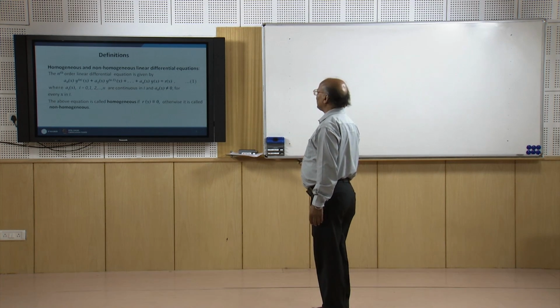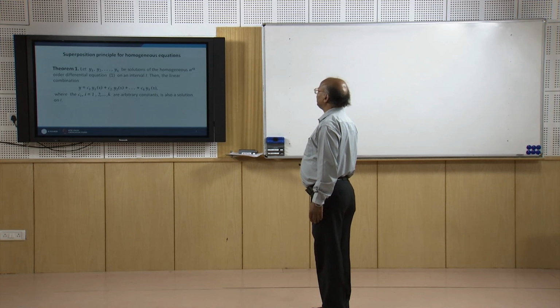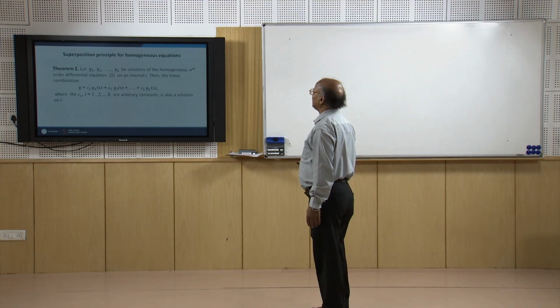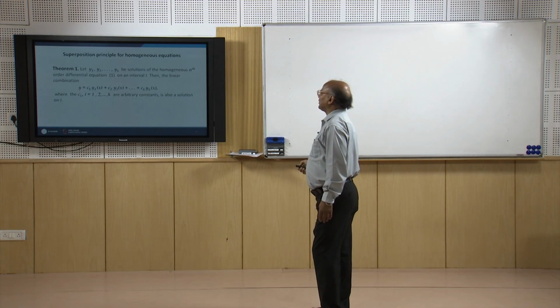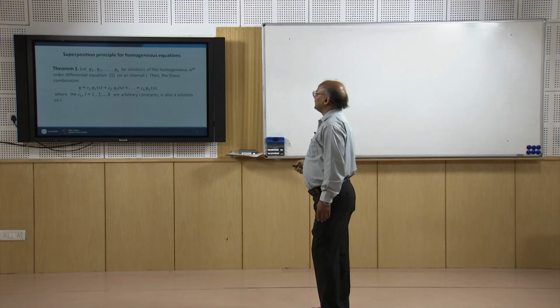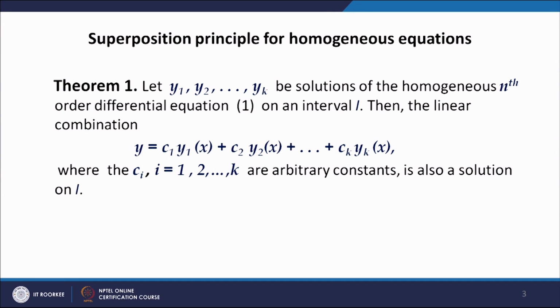So if we have k solutions y1, y2, ..., yk, then their linear combination, meaning the function c1 y1(x) plus c2 y2(x) and so on ck yk(x), where c1, c2, ..., ck are arbitrary constants, is also a solution on I.